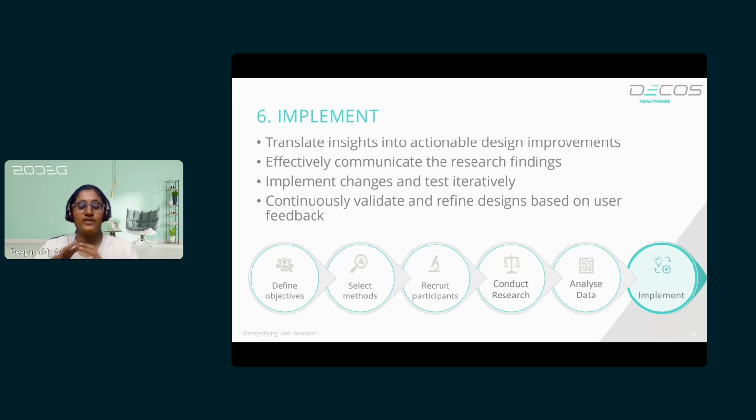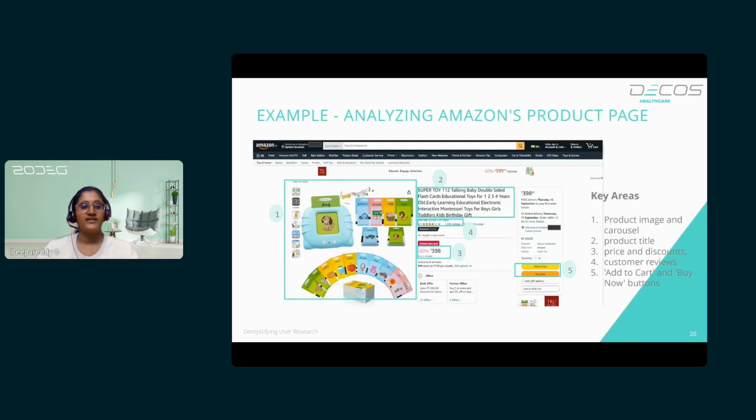The most important thing is that it leads to improved decision outcomes and also user satisfaction. So these are all the six steps that are involved in the user research method.